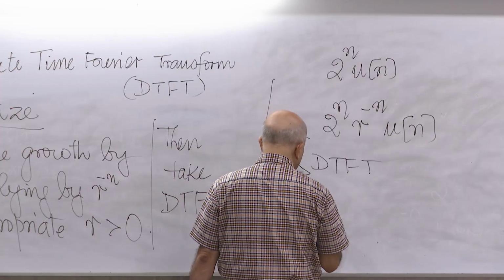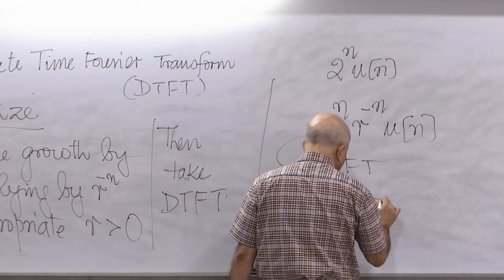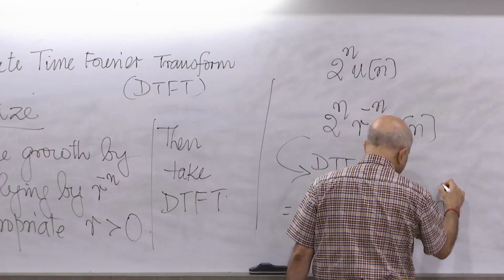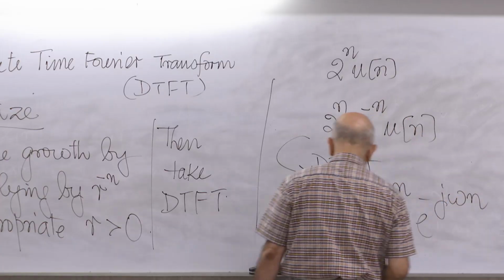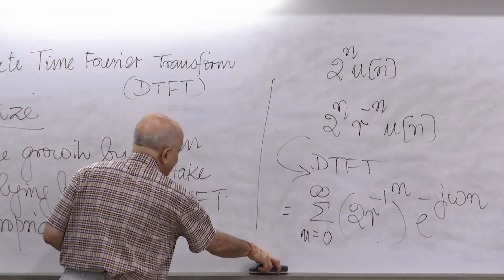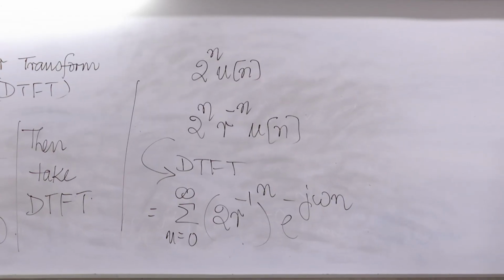So it will be summation n going from 0 to infinity of r inverse to the power n e raised to the power minus j omega n, summed from 0 to infinity. Now this is a very easy summation, and we also know what value of r we should choose.